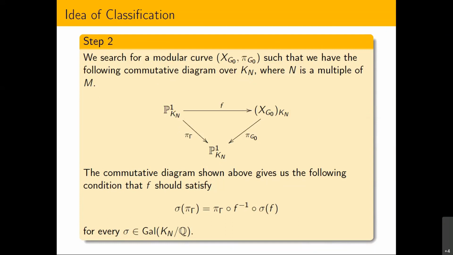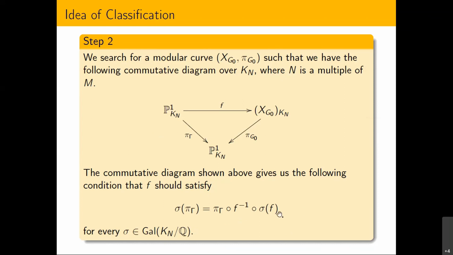And I want these curves to be isomorphic in such a way that F makes this diagram commutative. π_G0 is defined over Q, but π_Γ has coefficients in the cyclotomic field. So this commutative diagram gives us a condition on F^{-1} σ(F) that it must satisfy.